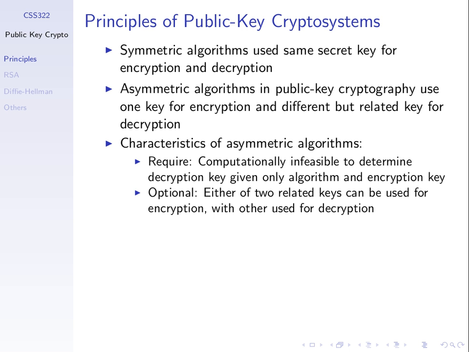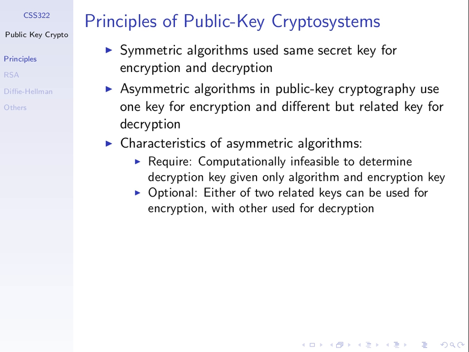Because one key is going to be public, everyone knows it. If you can work out the other key from the public key, then it will not work. One key needs to be public, one needs to be private or secret. So it needs to be computationally infeasible to derive one key from the public key.